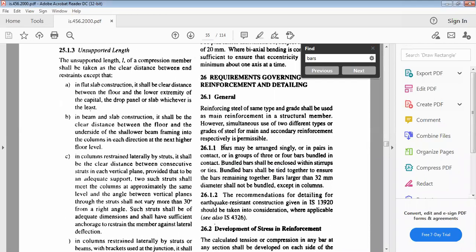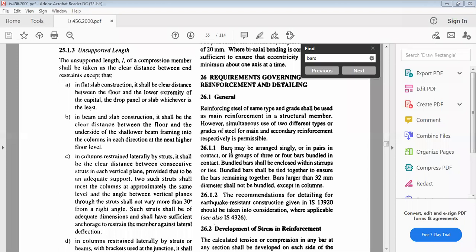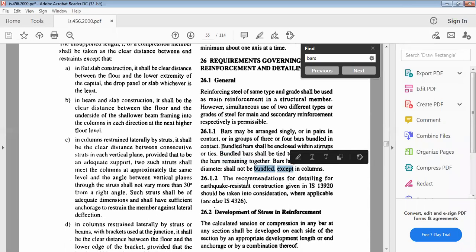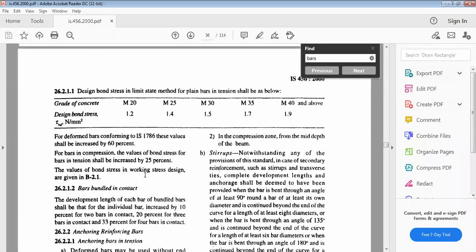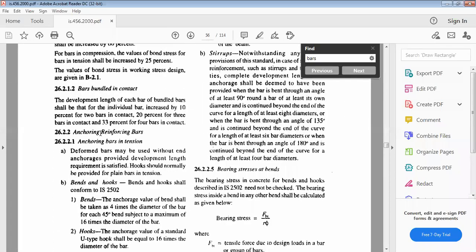Bars may be arranged singly or in pairs in contact, or in groups of 3 or 4 bars bundled in contact. Bundled bars shall be enclosed within stirrups or ties. Bundled bars shall be tied together to ensure that the bars remain together. Bars larger than 32 mm shall not be bundled, except in columns. Then, anchoring reinforcing bars, and that's at the ends.